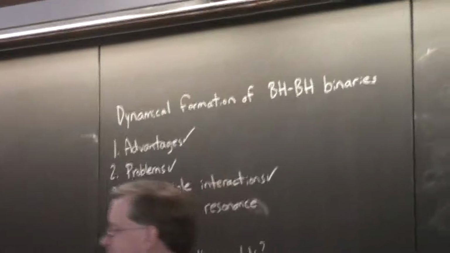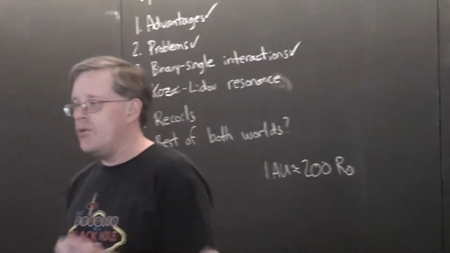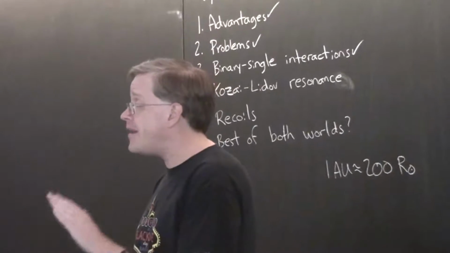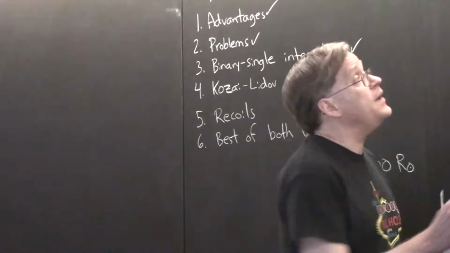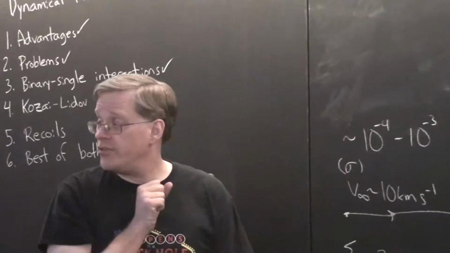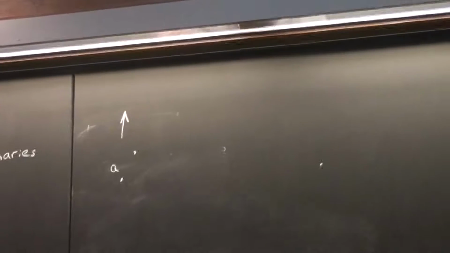Why do we care about this in the context of black holes? Well, the answer, of course, is that if we can somehow get a system in which we have 2 black holes, like this, and then the third black hole out here, or it doesn't even have to be a black hole, it could be an ordinary star, then it could well be that although the initial system has a large enough semimajor axis and a low enough eccentricity, that it will not merge by gravitational radiation within Hubble time.